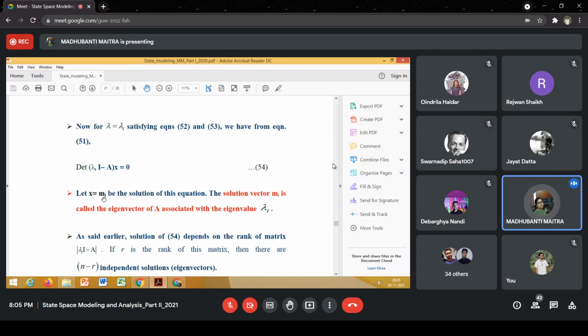This is a column vector, and mi is the solution vector for lambda equal to lambda i. So this solution vector mi is called the eigenvector of A associated with the eigenvalue lambda i. Clear?